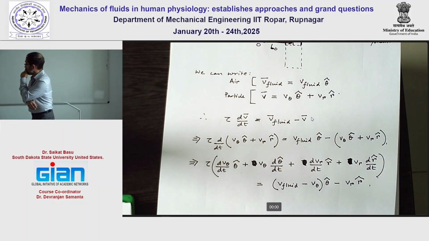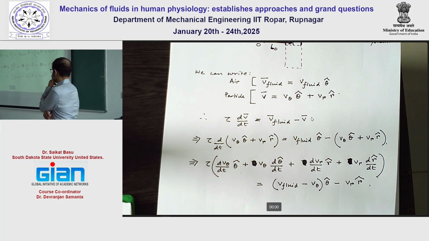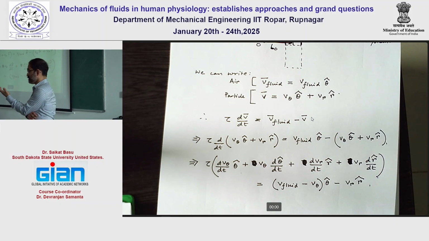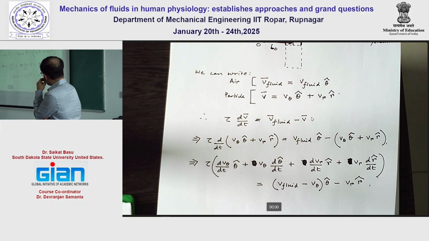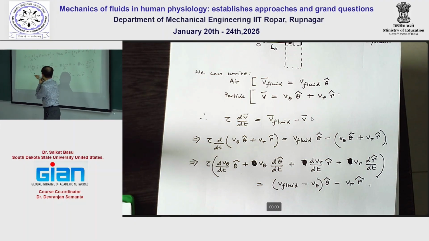The obvious direction where we are heading is we will compare the theta and r components on the left hand side. That's the generic technique, and then they will still be differential equations which we have to solve using initial conditions. Fine. We have the terms for the theta and r components over here and over here.